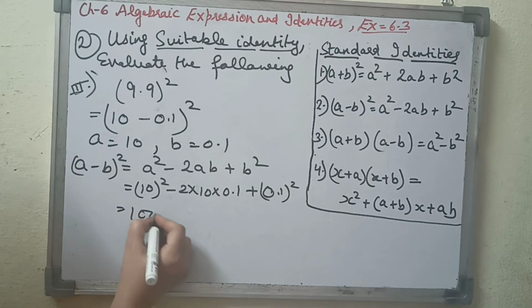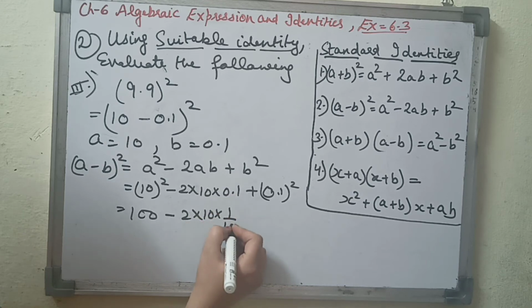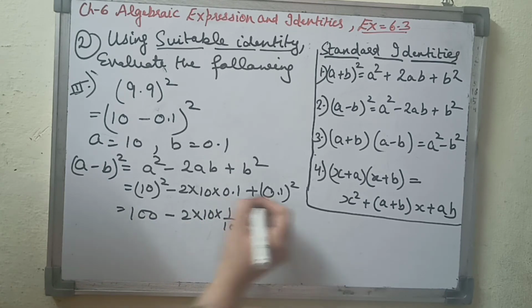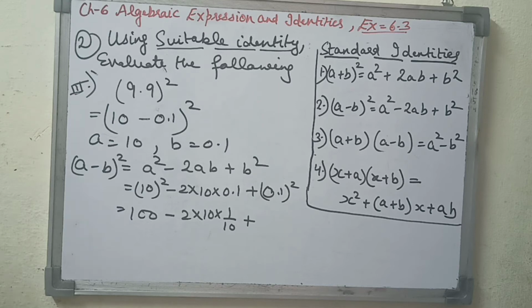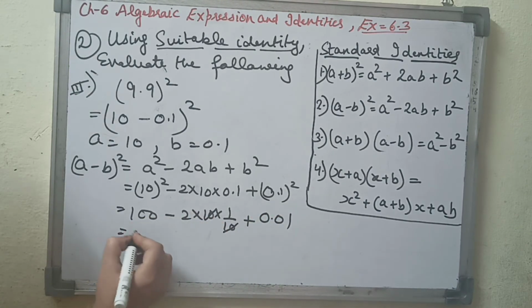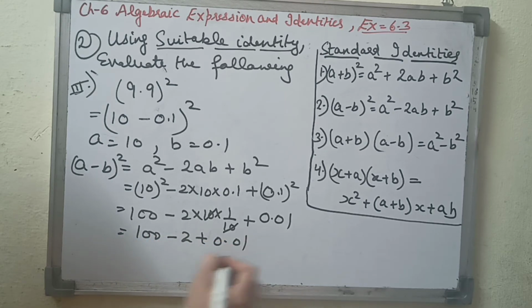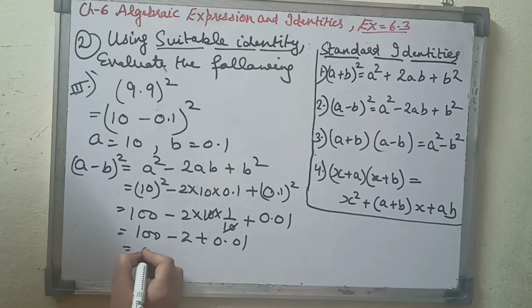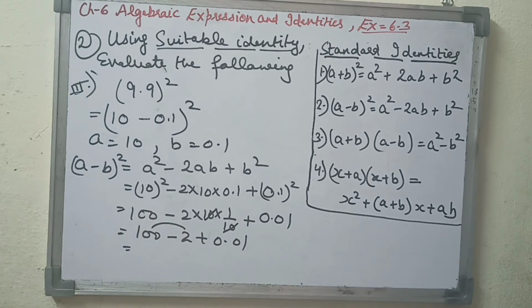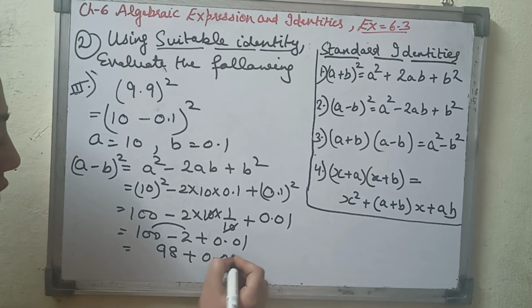Now 10 tens are 100, minus 2 into 10, remove this decimal, I will get 1 over 10 here, and 0.1 multiplied with 0.1 you will get 0.01. 10 cancels out with 10, we are left with 100 minus 2 plus 0.01. Taking the first two terms, 100 minus 2, everybody knows it is 98, plus 0.01.